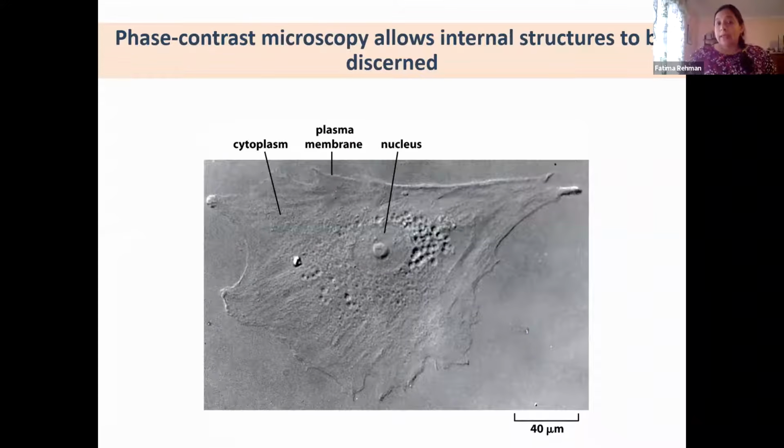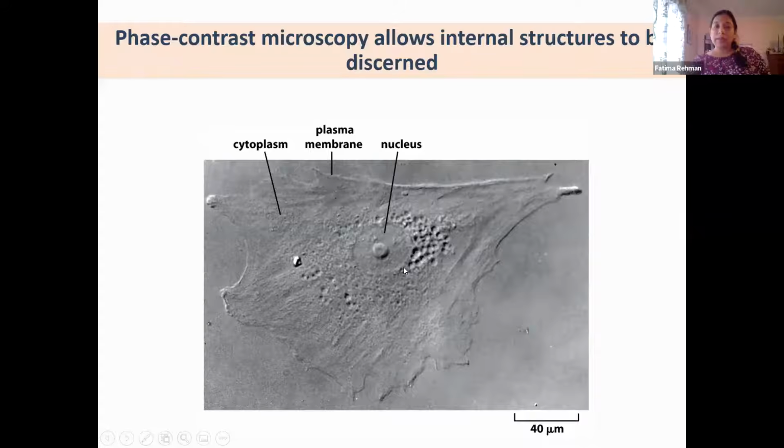So like I said, another way that we can look at these is by doing phase contrast microscopy, where we are able to work with the resolution of the cells in a way that we can look at the contrast between the nucleus and the cytoplasm, since they have slightly different refractive indices.